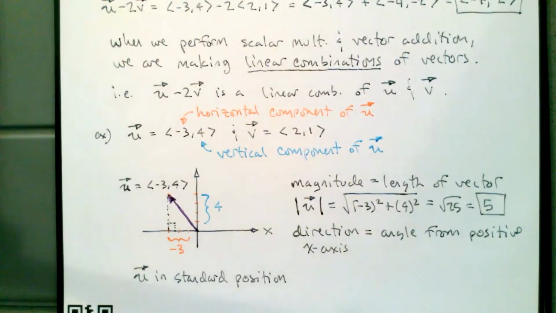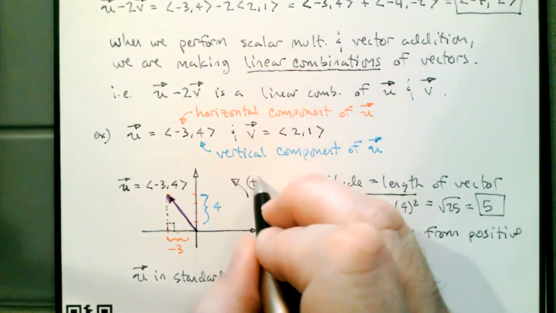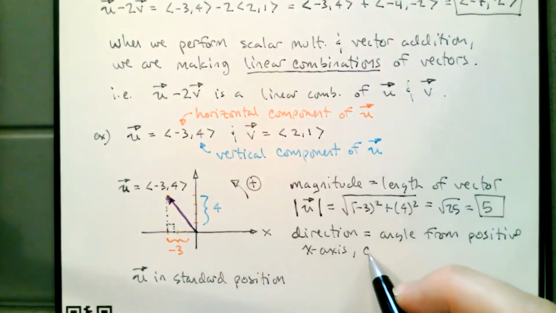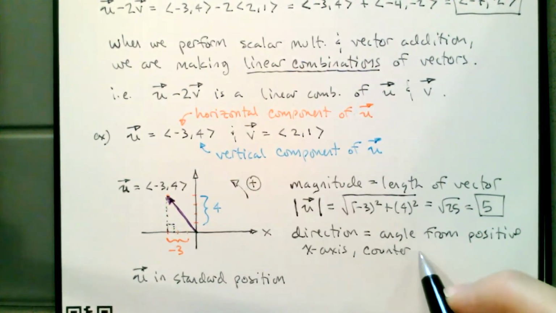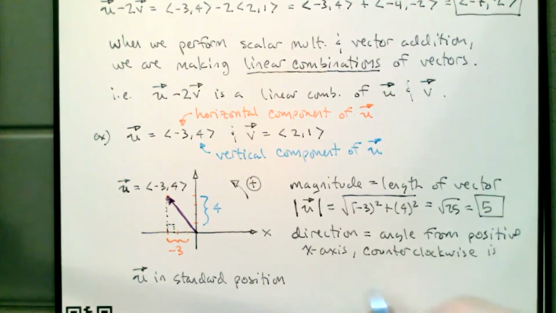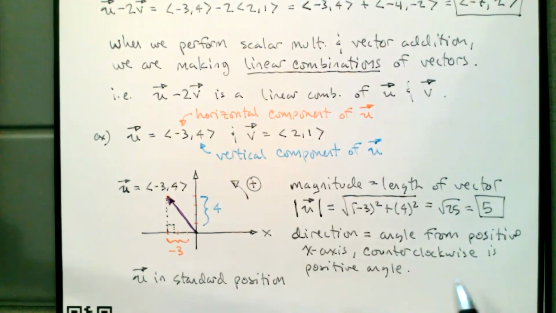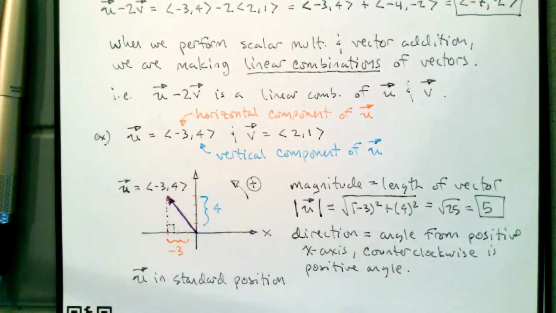So our direction angle will be measured from the positive x-axis, where counterclockwise is positive. This is the same direction angle that we were using before. We were starting at 0 degrees at the positive x-axis and going counterclockwise into positive angles.